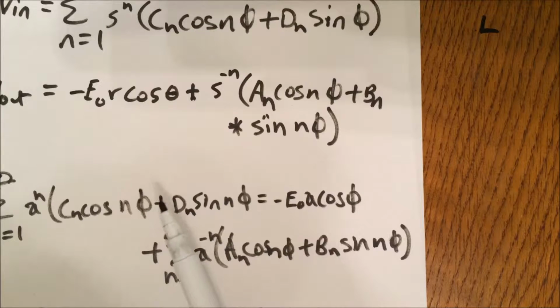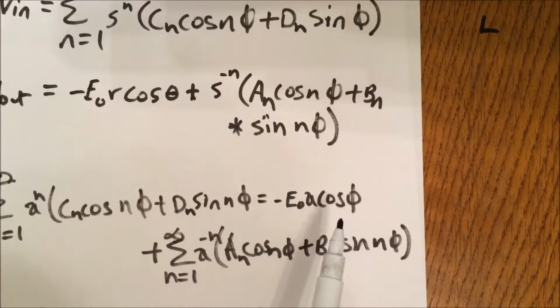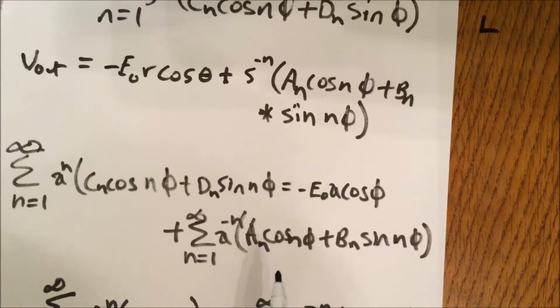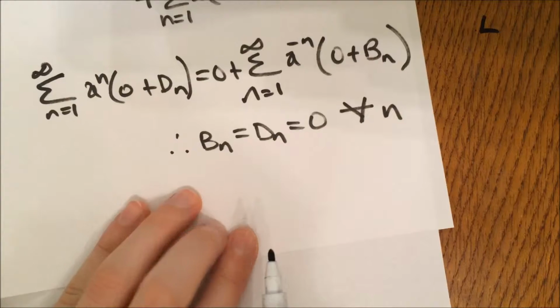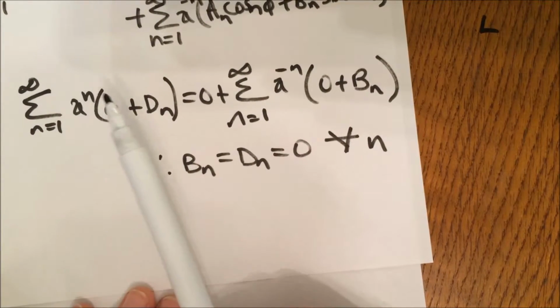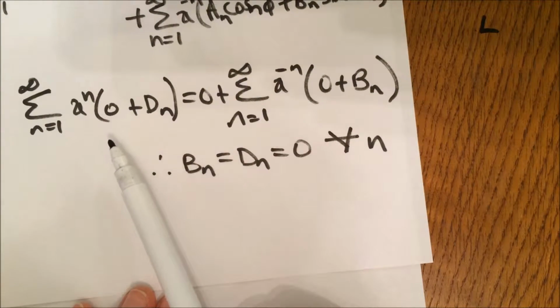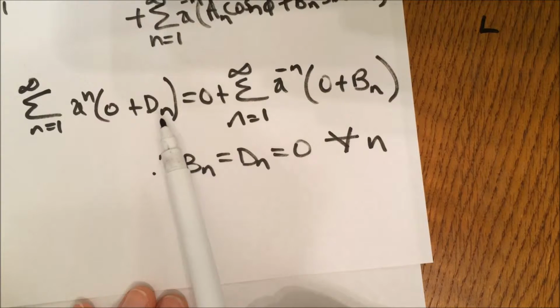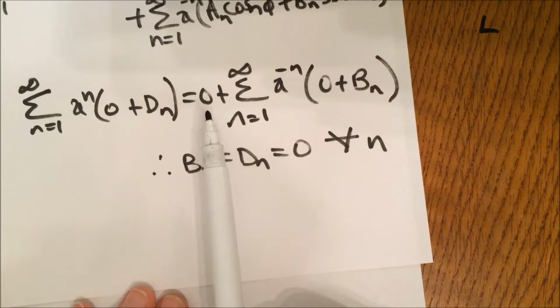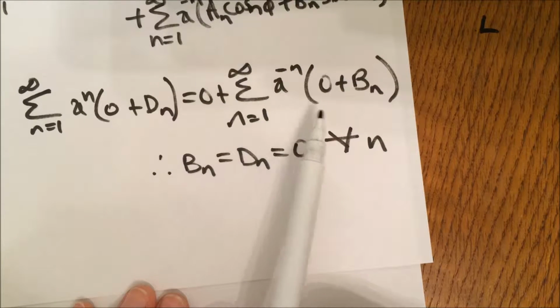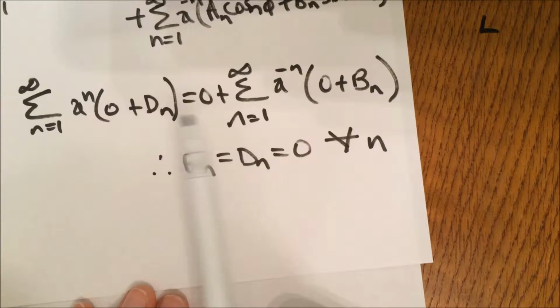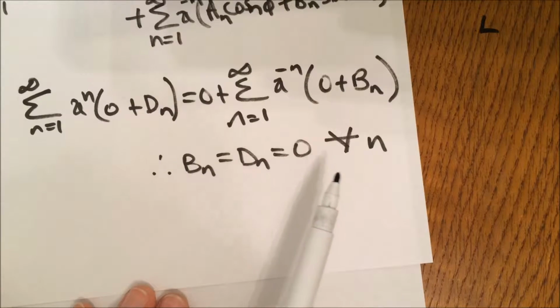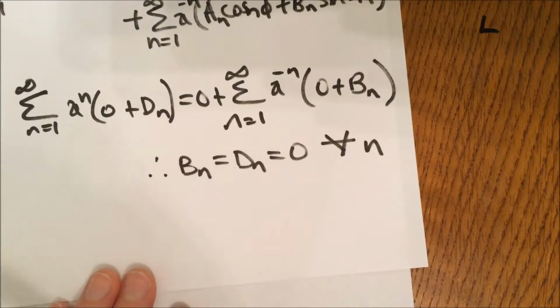So cosine of pi over 2 is 0, sine of pi over 2 is 1, so we have just the coefficients left. The boundary condition went to 0, and we're left with this. From this, we can basically conclude that b sub n is equal to d sub n, which is equal to 0 for all n.